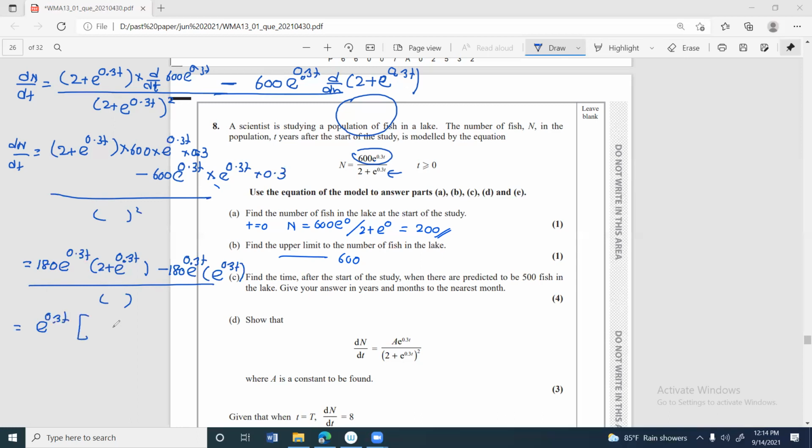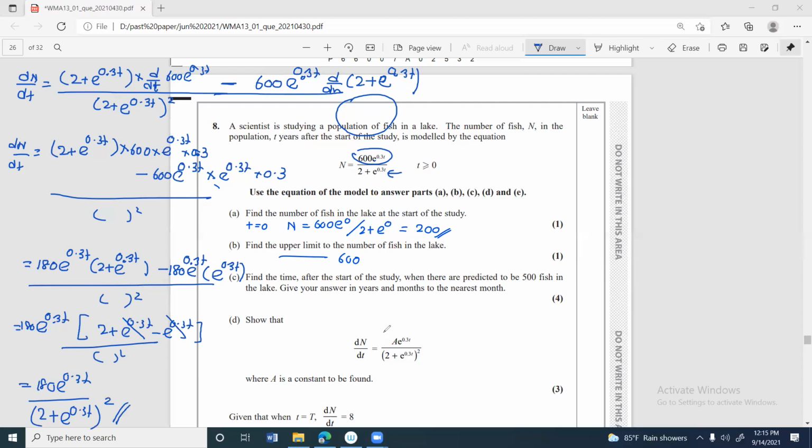So this is turned up to 2 plus e to the power 0.3t minus, I will take 180 times of, from here you can say minus e to the power 0.3t. So these two get cancelled, divided by this one squared. So it's turned up to 180 e to the power 0.3t divided by 2 plus e to the power 0.3t whole thing squared would be the final answer for this.